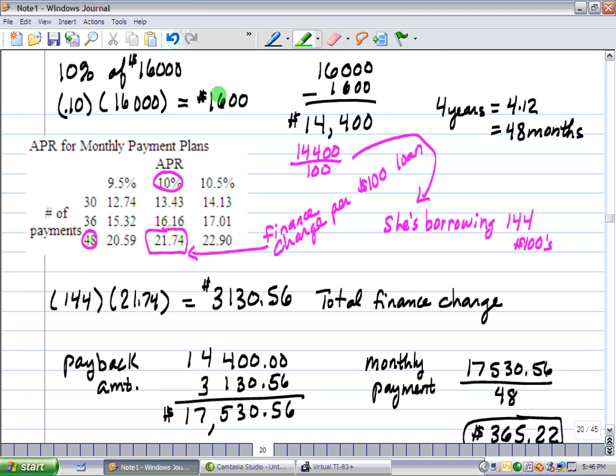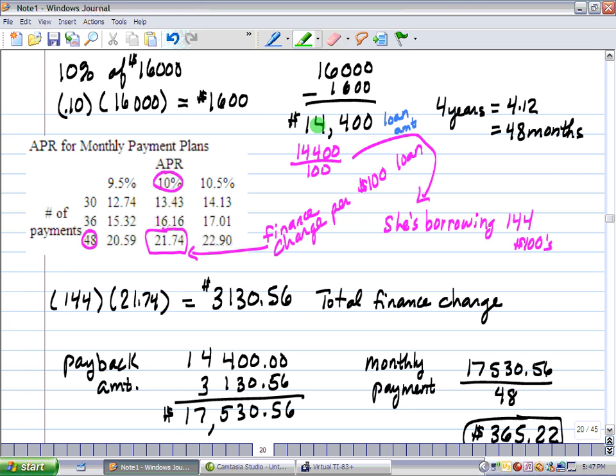You may have even more than the required percentage. So she puts down $1,600, so we subtract that from the total price so that we can figure out how much her loan is going to be. So this $14,400 is the loan amount.